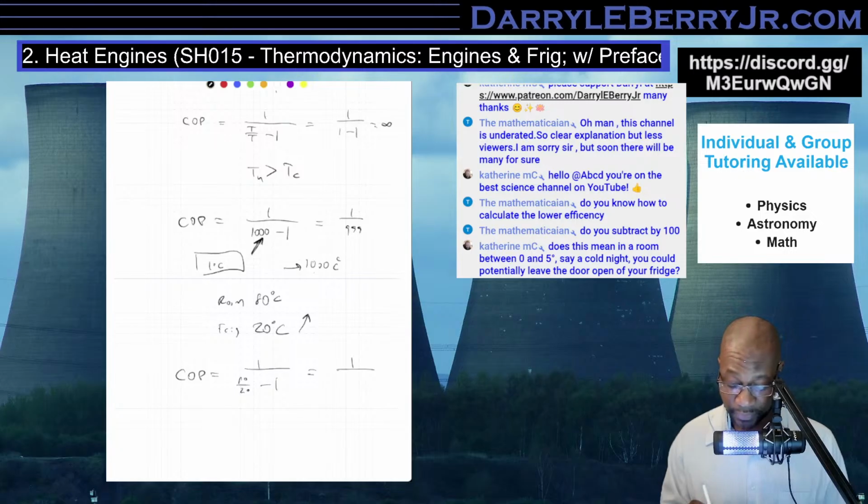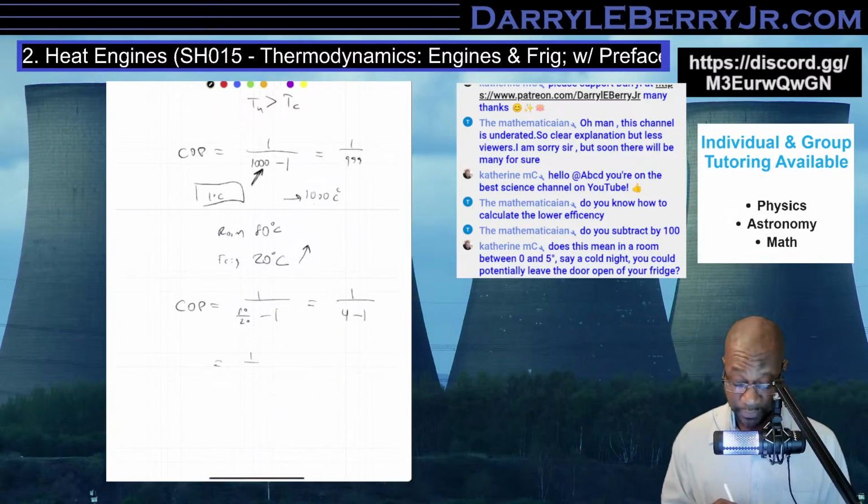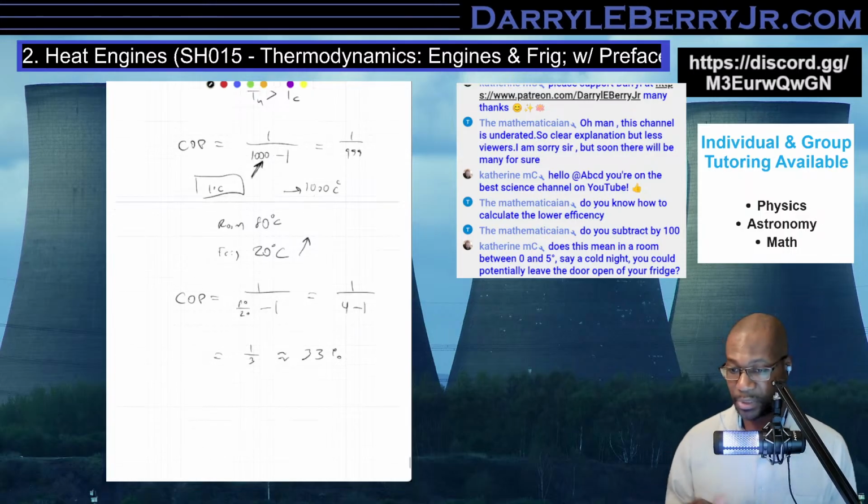So that's 1 over 4 minus 1, so 1 over 3. So you're going to have an efficiency of about 33%. If you have a room at 80 degrees Celsius and a fridge at 20 degrees Celsius, that'll be about your efficiency. Normally this is in Kelvin though, so I probably should do it in Kelvin, but you get the picture.